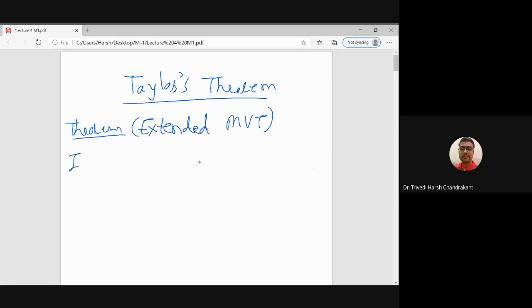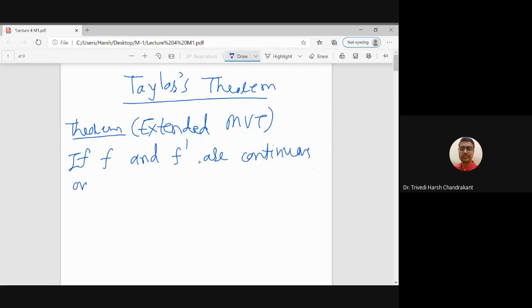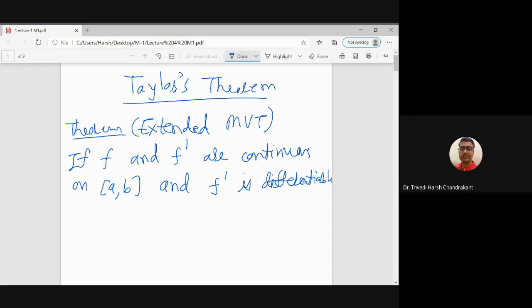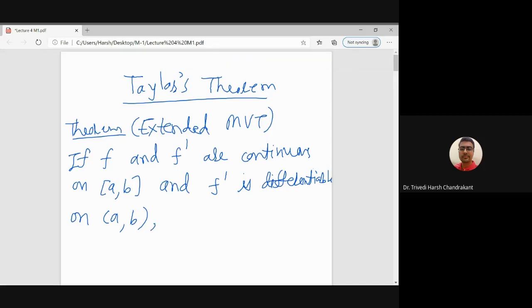So what we get, we will see here, is that if f and f dash are continuous on the closed interval AB, so f is continuous and f dash is also continuous, and the function f dash is differentiable on the open interval AB. So the criteria is similar to the usual mean value theorem, but now f dash is also differentiable.